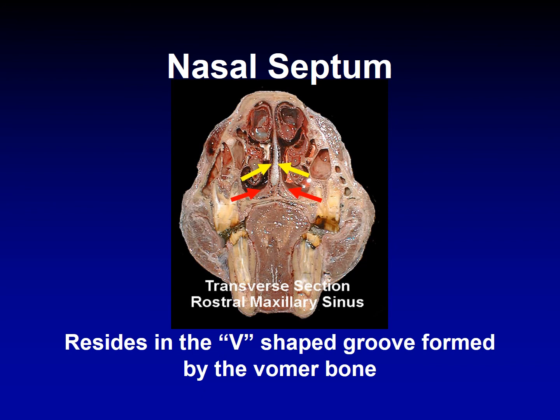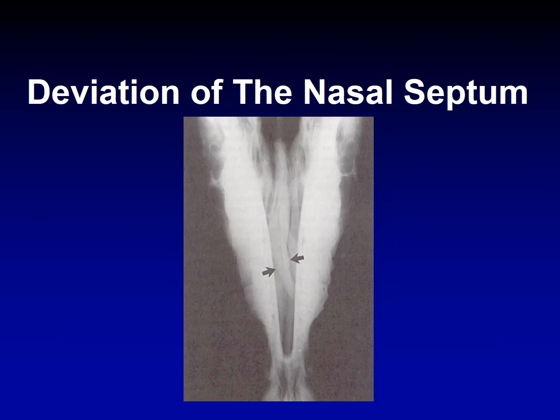Sometimes again we can see this in the clinic as being deviated or not straight. This is a radiograph showing the deviation, and we can also correct that surgically again by breaking it and straightening it out and waiting for it to heal. So this is one of the cases that we will encounter in the nasal cavity.